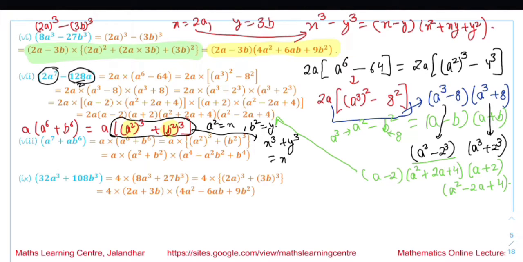The formula for x cube plus y cube is (x plus y) into (x square minus xy plus y square). When you substitute these values, x is a square, so you will get (a square plus b square) into (a raised to the power 4 minus a square into b square plus b raised to the power 4).